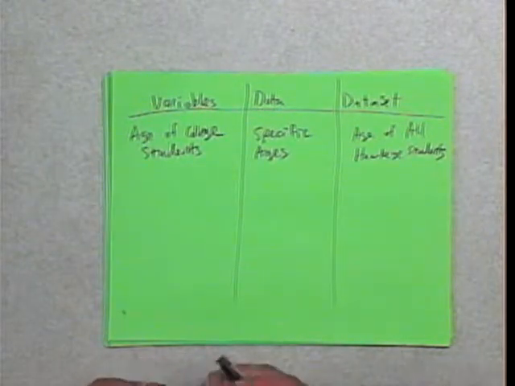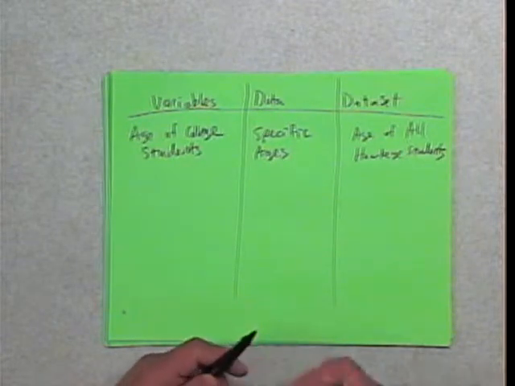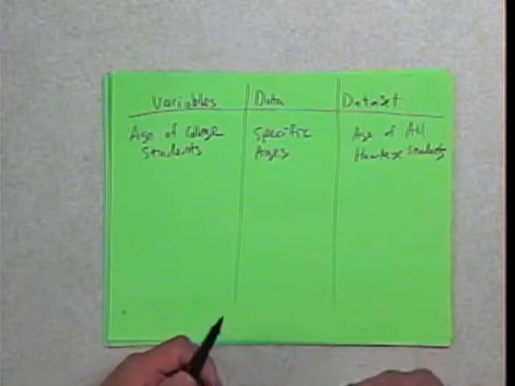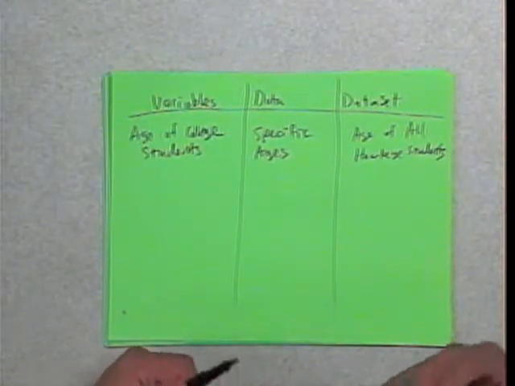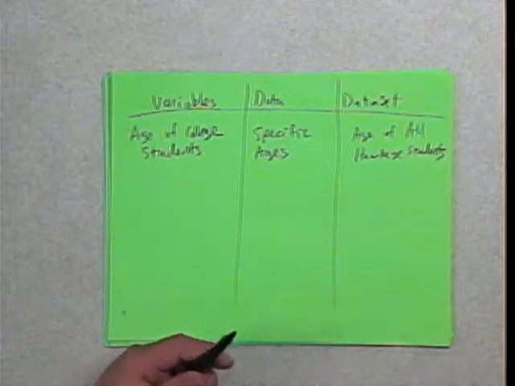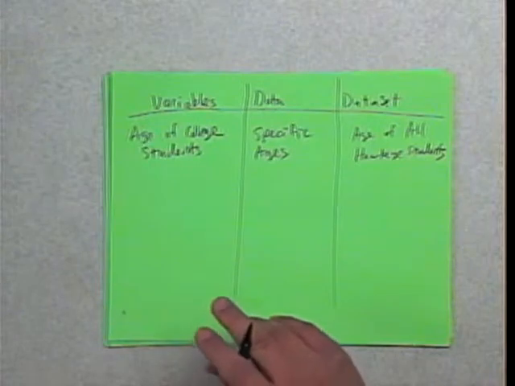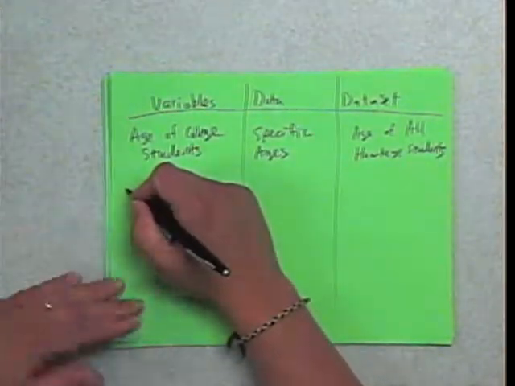But in statistics, it has a much more general meaning. It's all the observations you're interested in studying. So in a particular study or in a particular decision you're making, the population would be all the possible observations. And so it doesn't have to have anything to do with people.